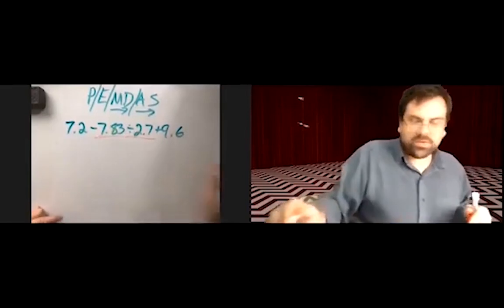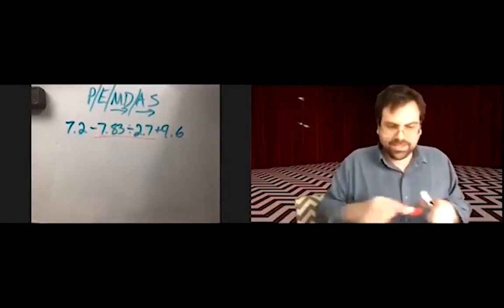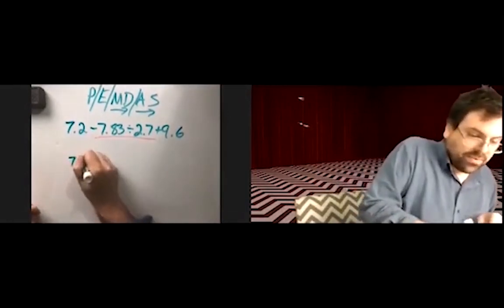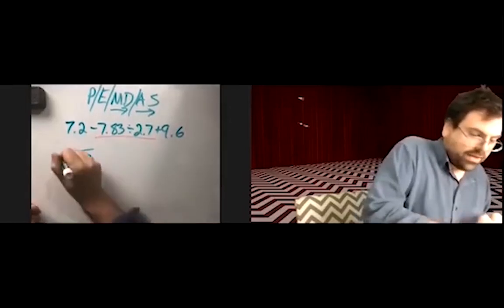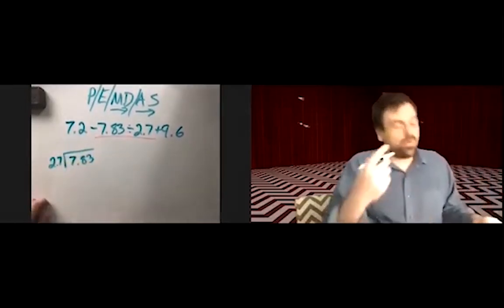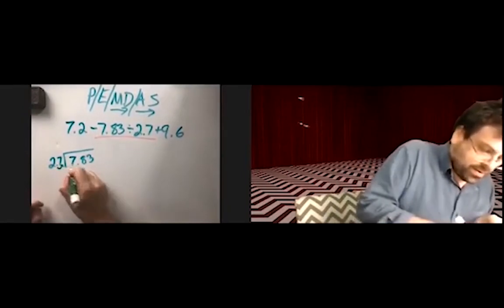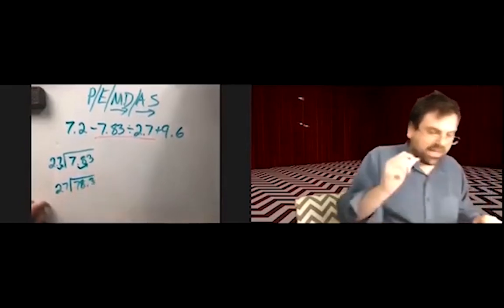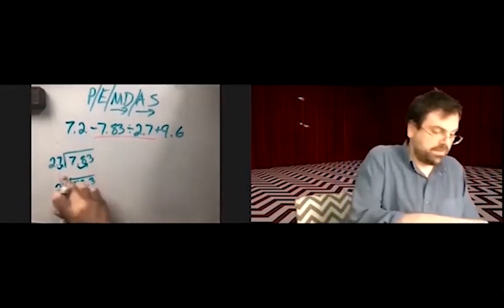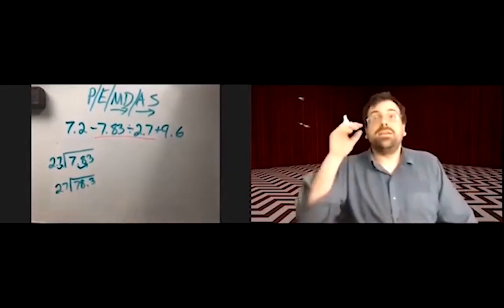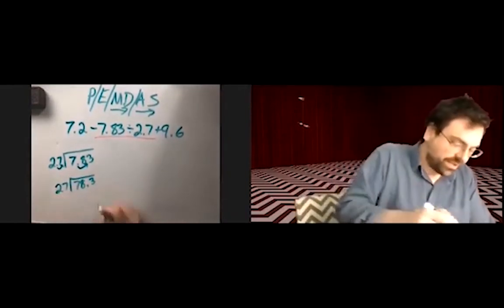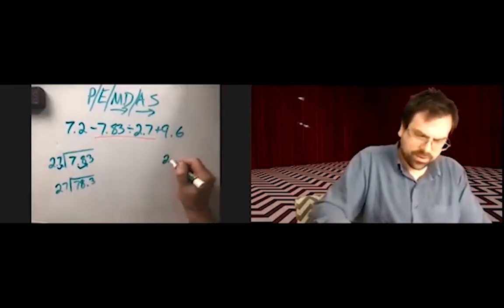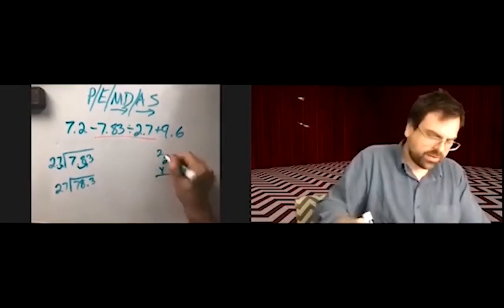So the first thing we do is going to be 7.83 divided by 2.7, which we're going to make 78.3 divided by 27, because we need to get rid of the decimal on the outside. 27 goes into 78. Will it go in 3 times? 27 times 3, carry the 2, that's 81.